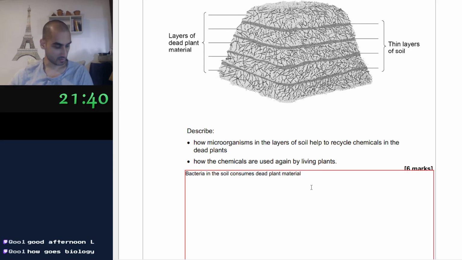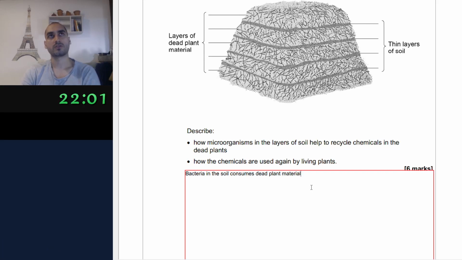Recycle chemicals. So bacteria do respiration. Respiration takes sugars and oxygen and produces carbon dioxide and water. Well, that's not much use. What else do they produce? Like nitrates? I don't know.